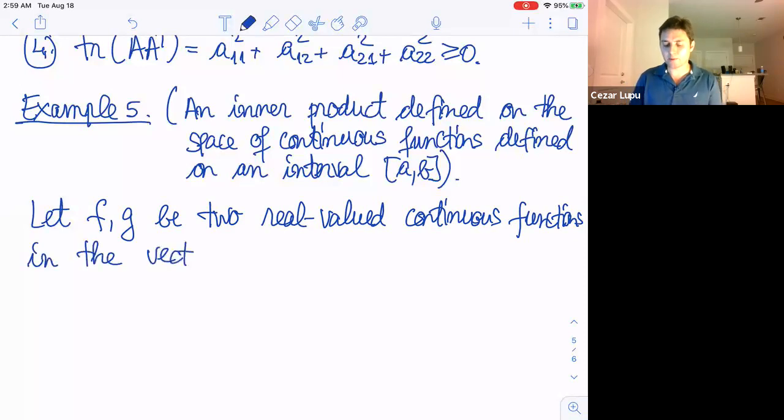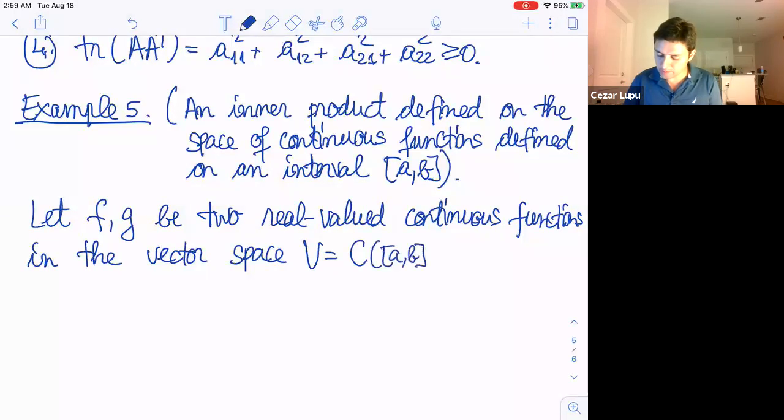And this time I will consider the following vector space. V will be C[a, b]. So this is the space of all continuous functions, real valued continuous functions defined on this interval [a, b].